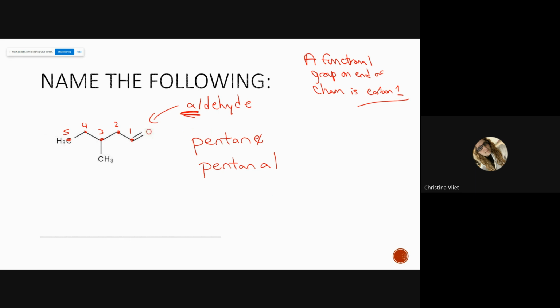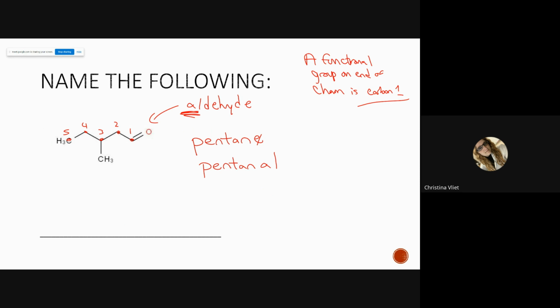No. It's inappropriate to do so. Why? Because aldehydes always have it at the end, so you don't put a number. Pentane has no aldehyde, right? Pentanal has a double bond oxygen at the end here. This is pentanal.